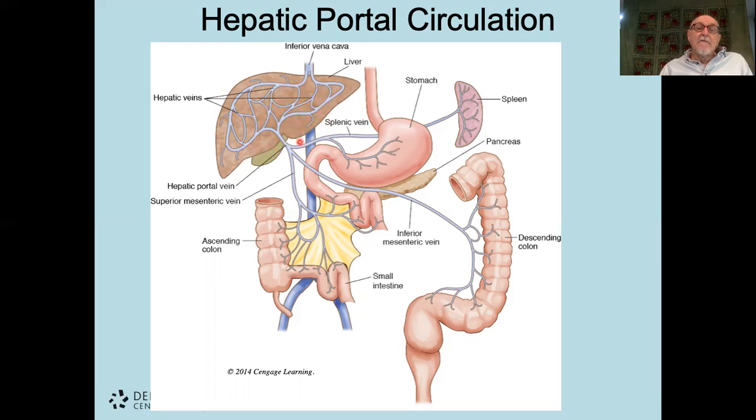In addition, the liver also detoxifies the blood. So it will detoxify toxins which have been picked up in the gut. For example, the one which is easiest to think of is alcohol. Alcohol is absorbed very, very rapidly by the stomach itself and by the small intestine.